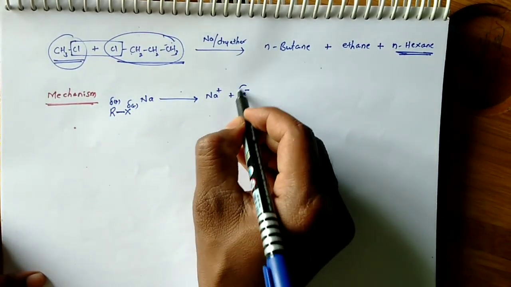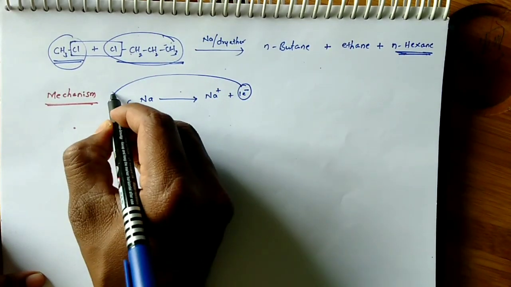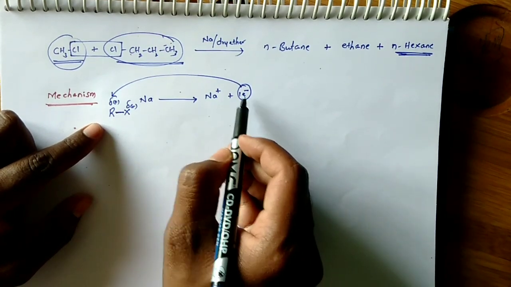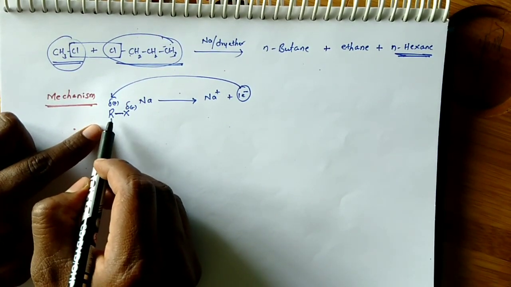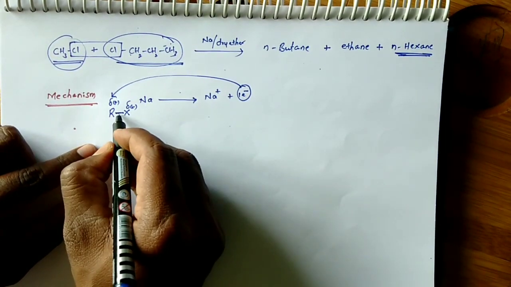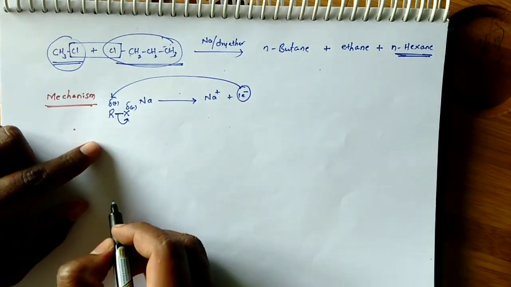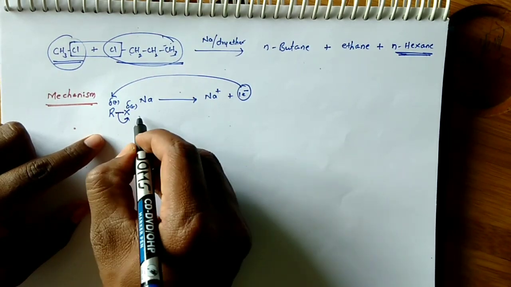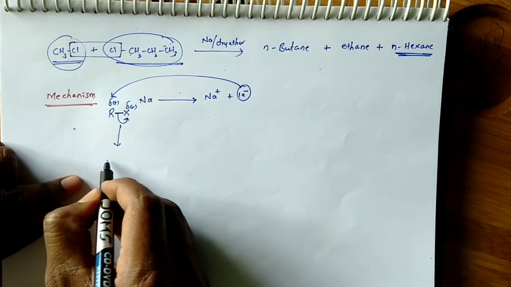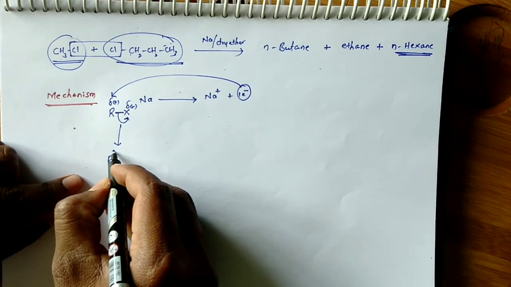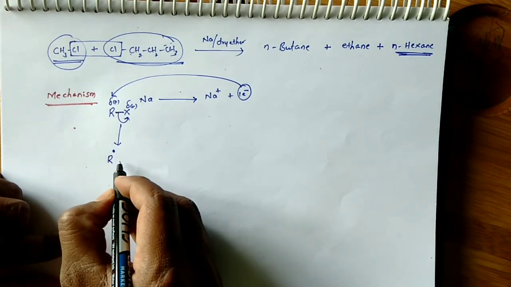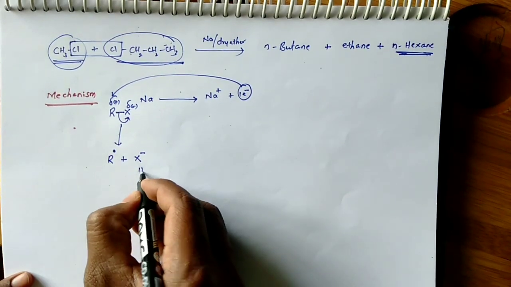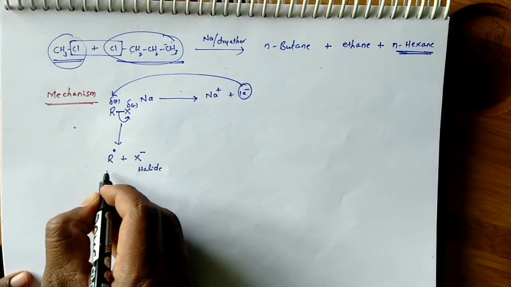So this electron always attacks the carbon. As the carbon is electron deficient, this electron attacks the carbon of this alkyl chain, and these two electrons move on to the halogen. Here we will get a carbon free radical, that is an alkyl free radical, plus a halide group. This is the halide, this is the free radical.